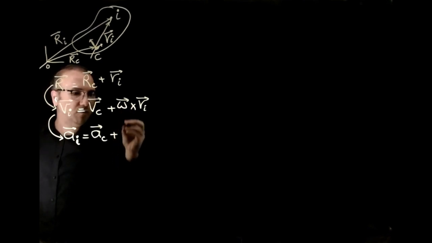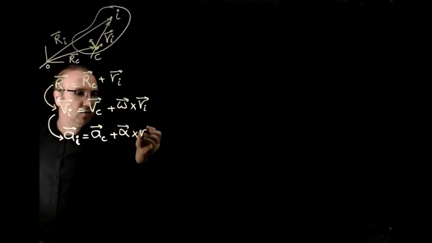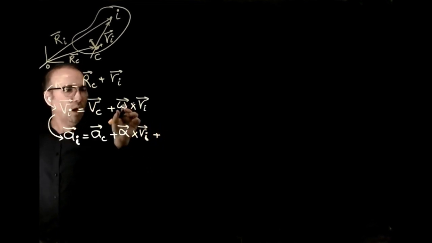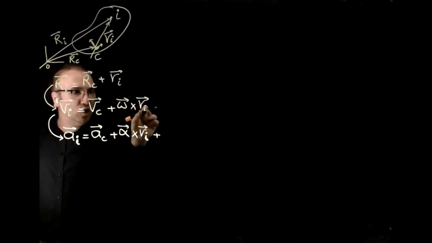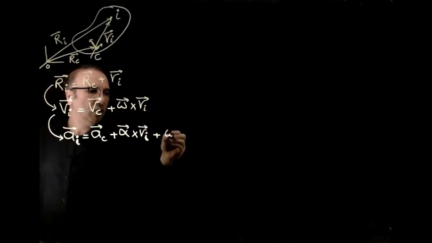So I would have the derivative of omega, which is alpha, the angular acceleration, cross ri, plus omega cross the derivative of ri. And the derivative of this, we already did it, it is omega cross ri, all right?